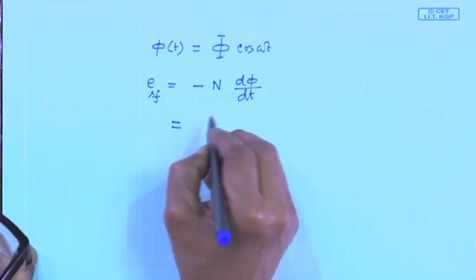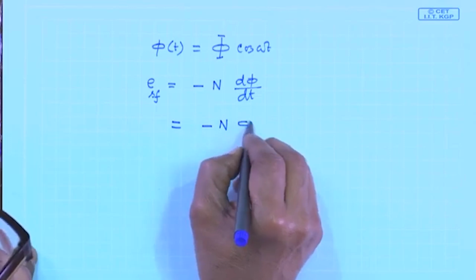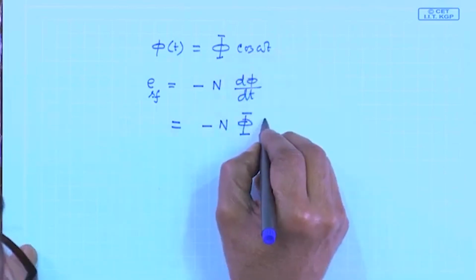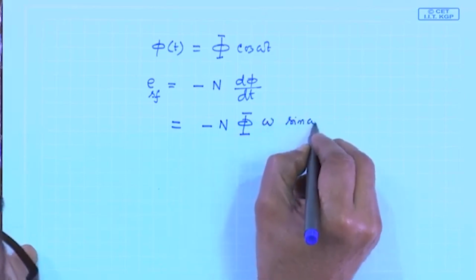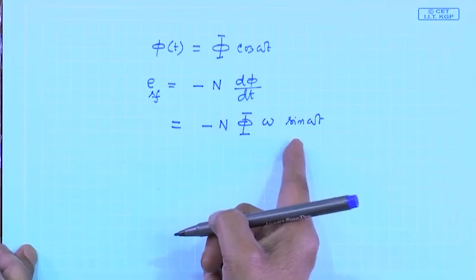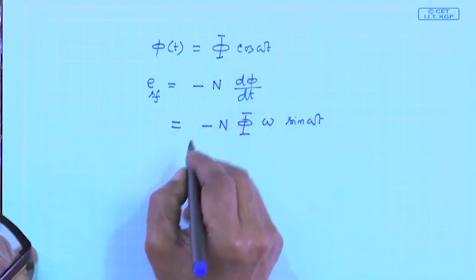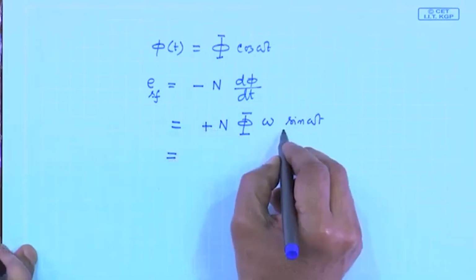And if you do this, minus N phi, and this will become omega sin omega t. There will be a negative sign, since I am differentiating cos, so this will become plus here, and that is it.